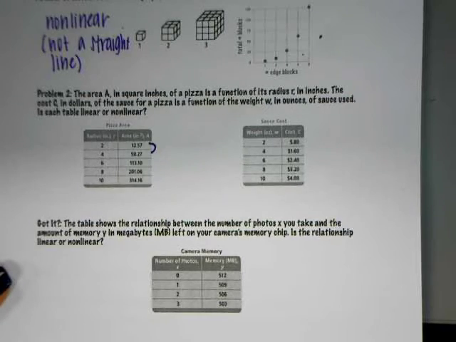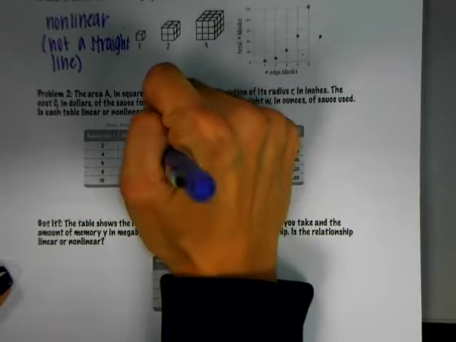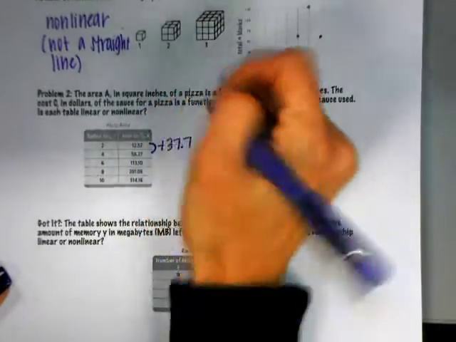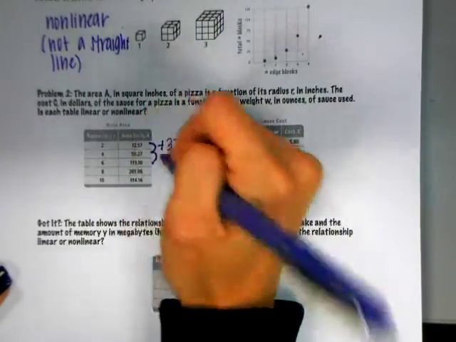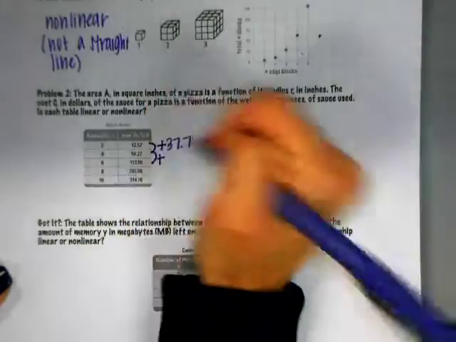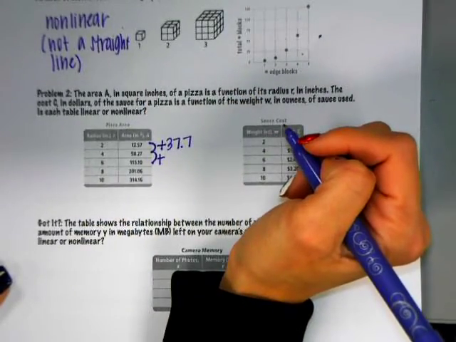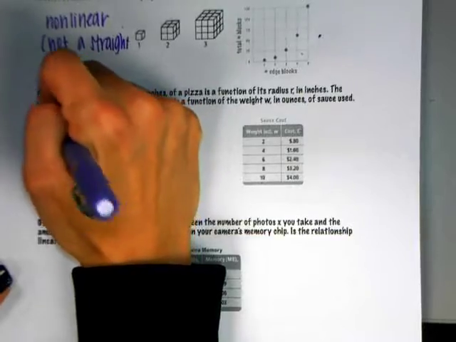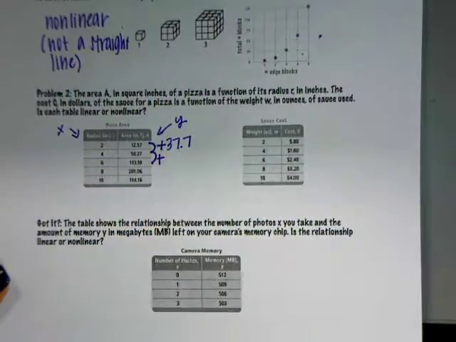I think it should be 37.7, right? Yeah, there's 7.7. So plus 37.7. Now figure out going from 50.27 to 113.10. What do we get? 87.